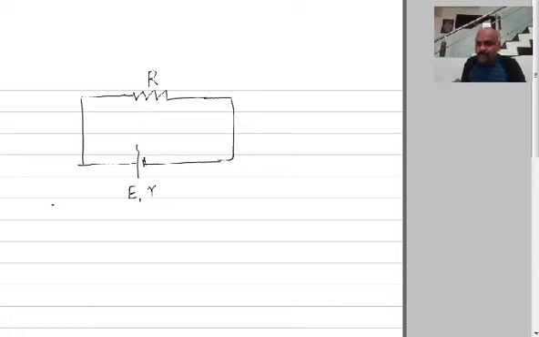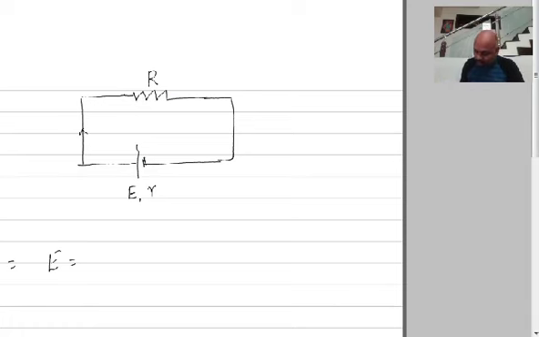Now to understand what the EMF of a cell is, notice that when the current has to flow through this external resistor, work has to be done by this cell. That means in driving the charges, in driving the current, work has to be done by the cell.